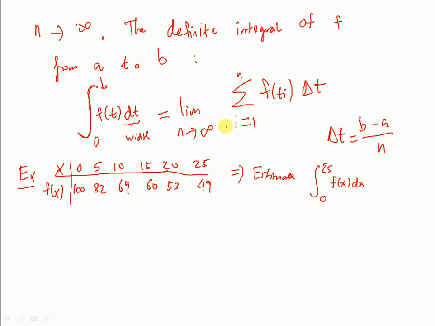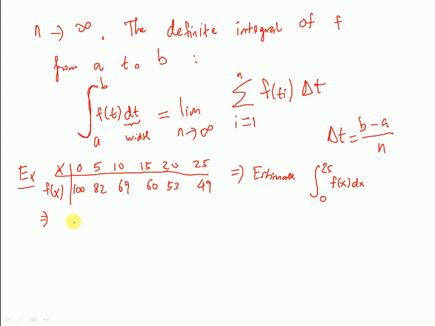Okay, so again, this one is just the sum, right? The sum of the rectangles from 0 to 25 on the x-axis. So this is the sum of all of the values from 0 to 25. Now we have 1, 2, 3, 4, 5, 6.